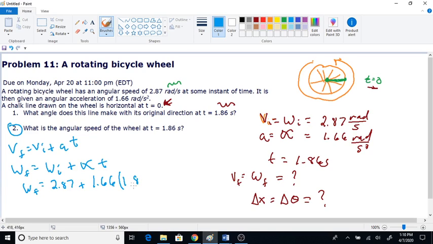I'm in a little bit of a rush. Haven't you ever been in a little bit of a rush before? You've done enough problems, you just want to get one more done. It's kind of addicting though. Anyways, we get 5.98, not 989, 6-ish, and it's in radians per second. And so that's this one right here.